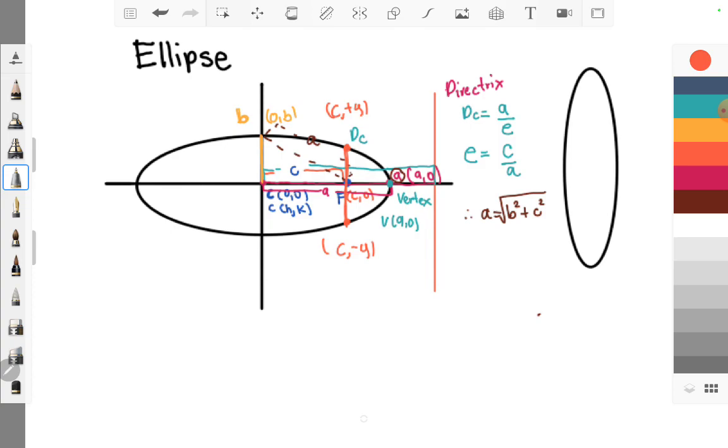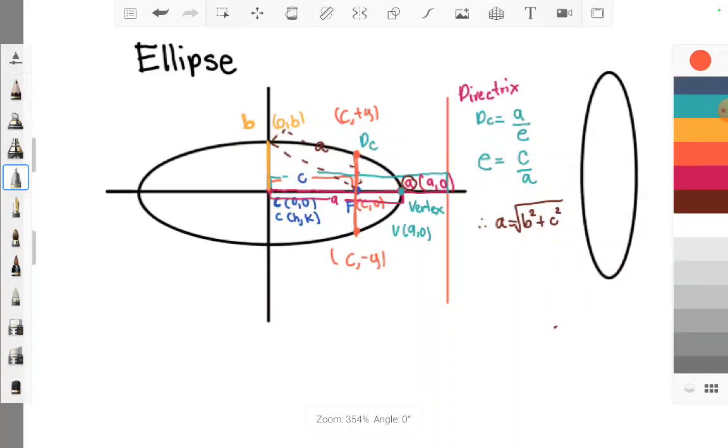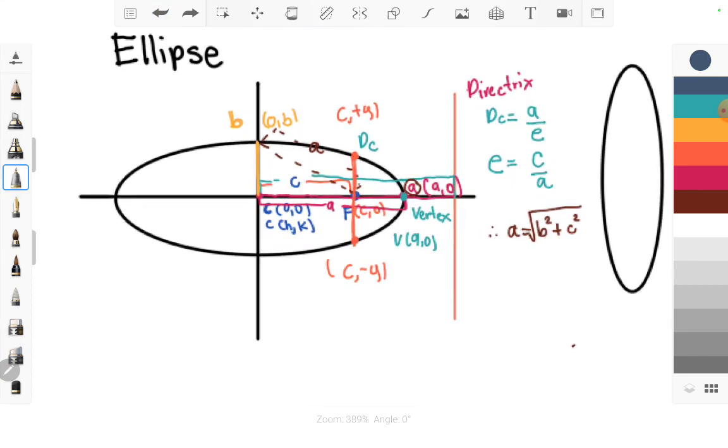Next, the reflection property of our ellipse says that it is the same on the other side. Let's call this our negative side. So if I have a focus here, I may call this my (negative c, 0), where our value of c is equal to this c, but only considering the negative side.